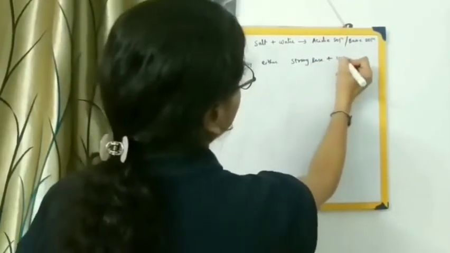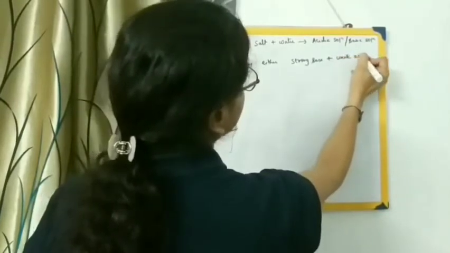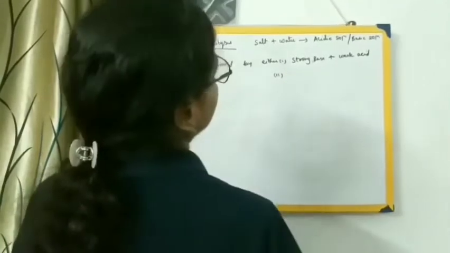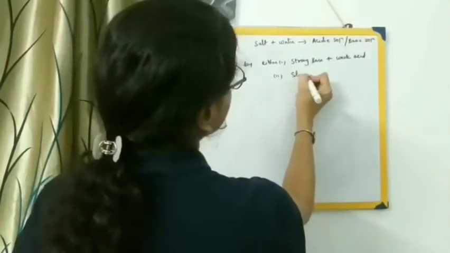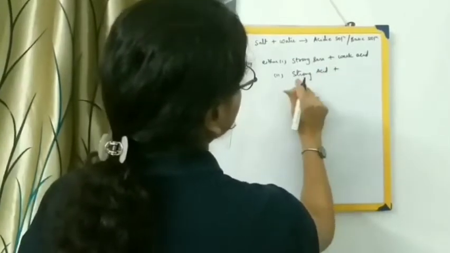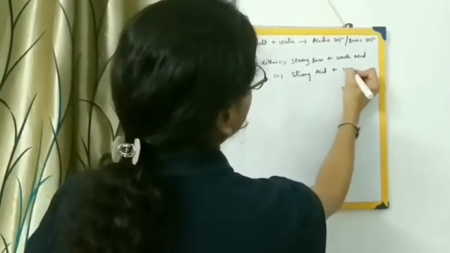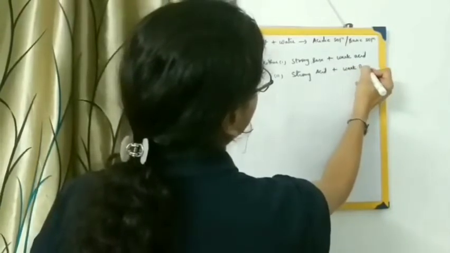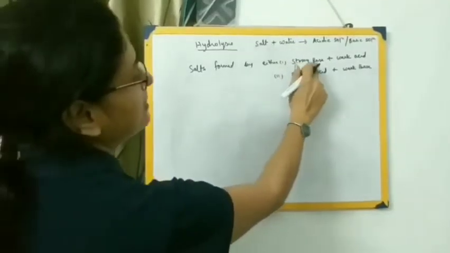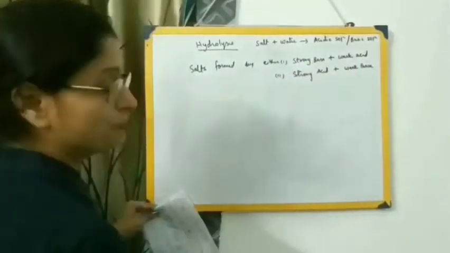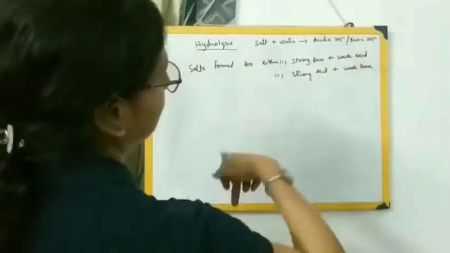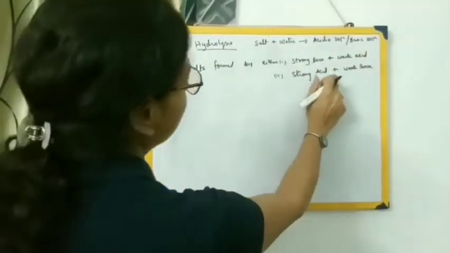The salt should be formed either from a strong base plus a weak acid, or from a strong acid plus a weak base. So the salt formed should be either from the combination of a strong base and a weak acid, or from a combination of a strong acid and a weak base.